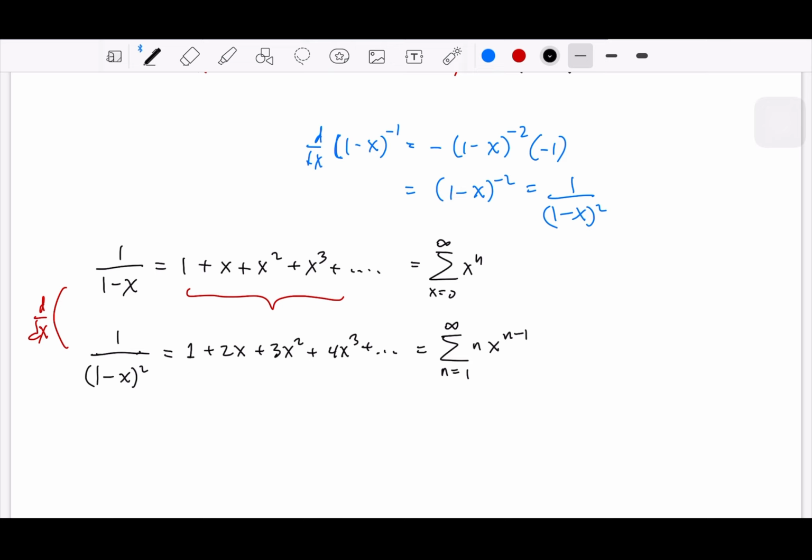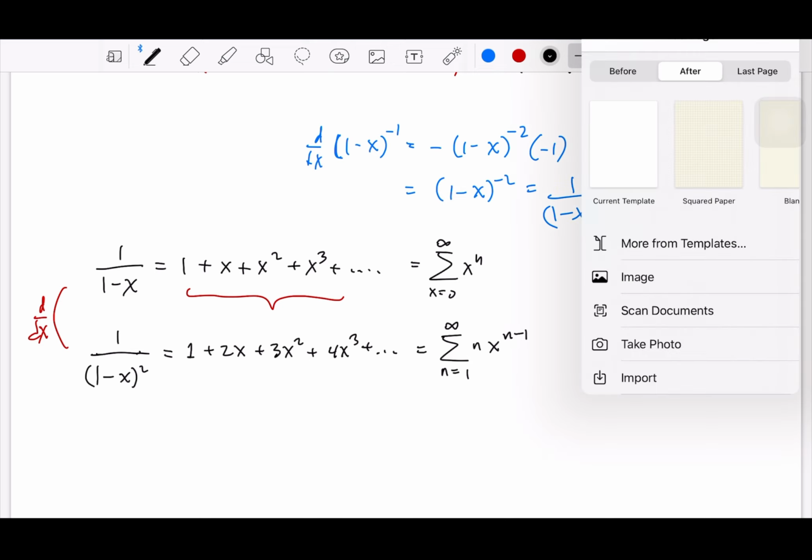Okay, if we observe another example, which is ln 1 plus x.